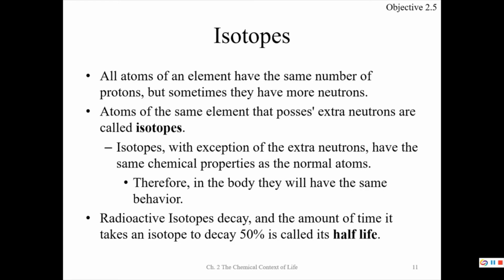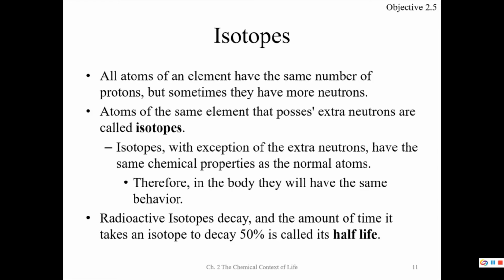Now, what I want to help you understand is extra neutrons. They have the same chemical properties. They'll behave the same in the body, but they will have extra mass, and they are called isotopes. Isotopes are elements that have the same number of protons but different numbers of neutrons. Some of them are radioactive isotopes. They decay. They can last for a brief amount of time. For example, francium has a very small half-life, where 50% of it is gone.